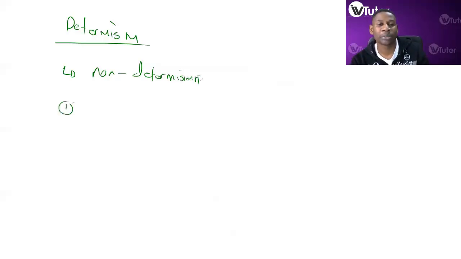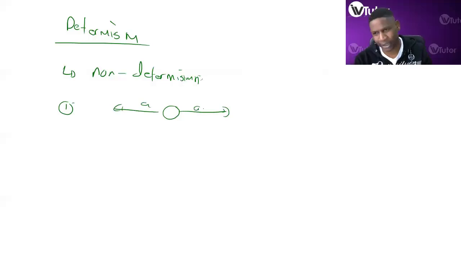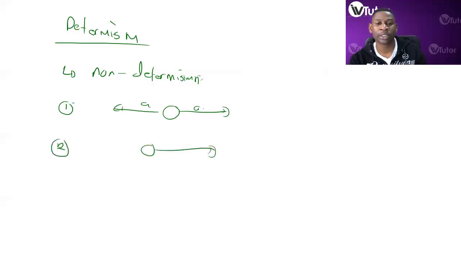The first example of non-determinism is to have a state with identical, exact transitions going on different paths. That is the first one. And the second one, we've got a transition labeled with the empty word. The moment we do that, we recognize that the machine is non-deterministic.